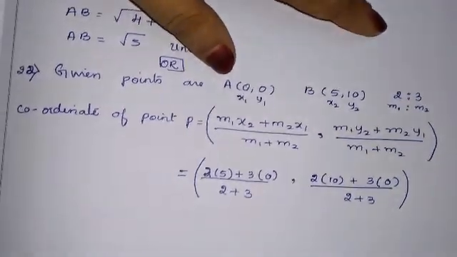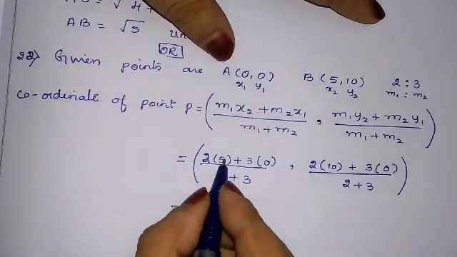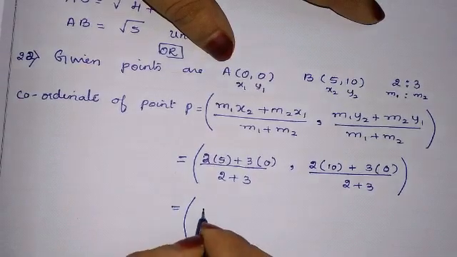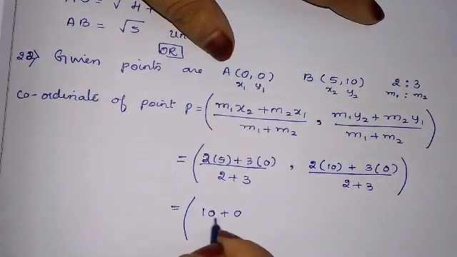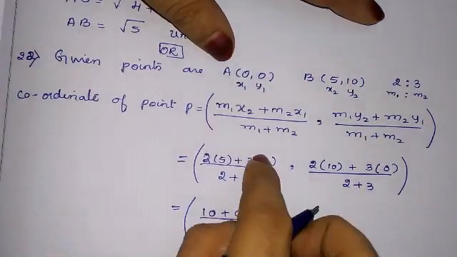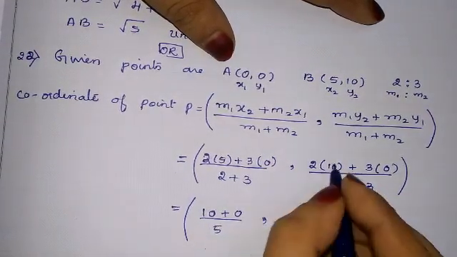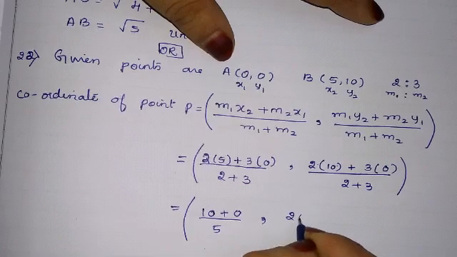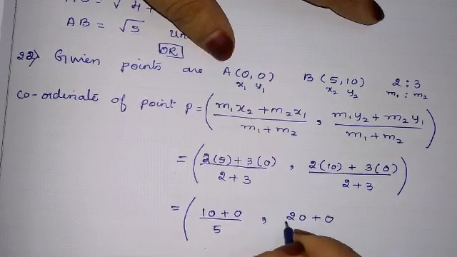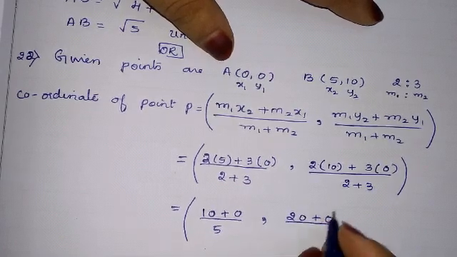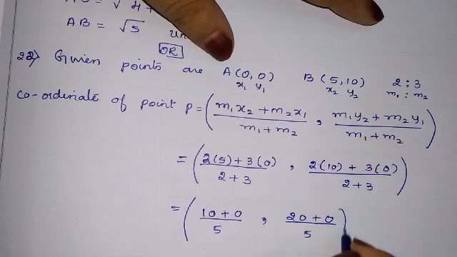Okay. Same way we have to solve now. 5 2s are 10 plus 3 zeros are 0. Any number multiplied by 0 is 0. 2 plus 3 is 5. 2 10s are 20 plus 3 zeros are 0 upon 2 plus 3, 5.